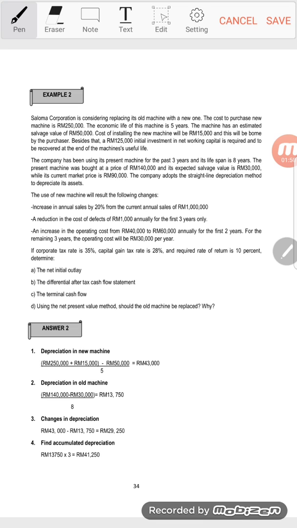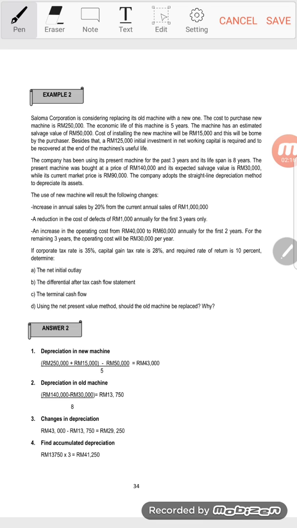And its expected salvage value is 30,000 ringgit while its current market price is 90,000 ringgit. So the current market price is your selling price, the selling price for the old machine. Next, the company adopts the straight line depreciation method to depreciate its asset. So SLM will be used to calculate the depreciation.